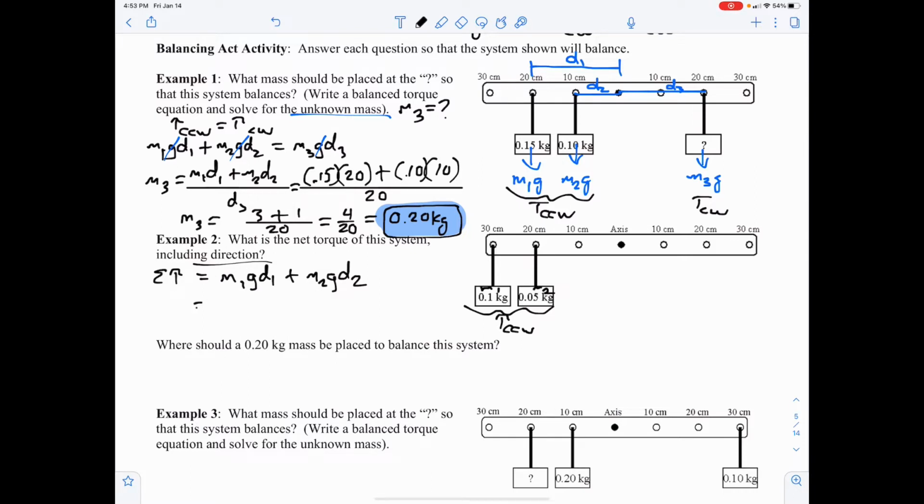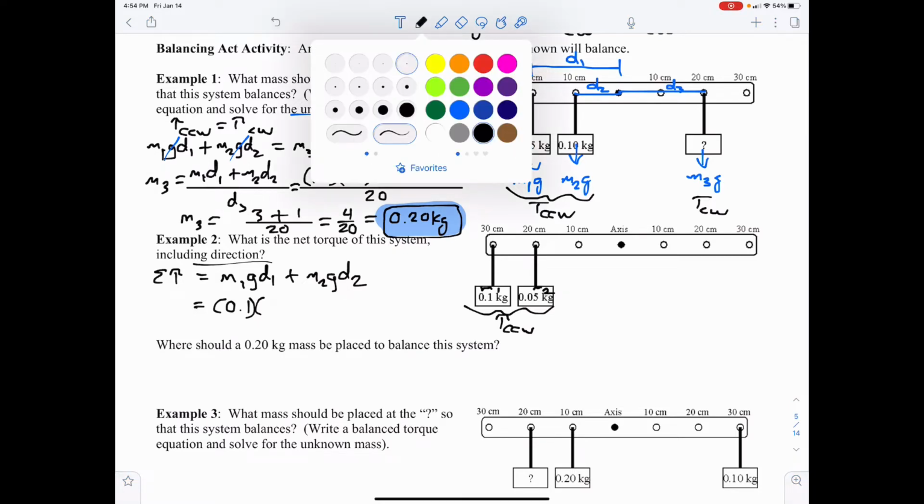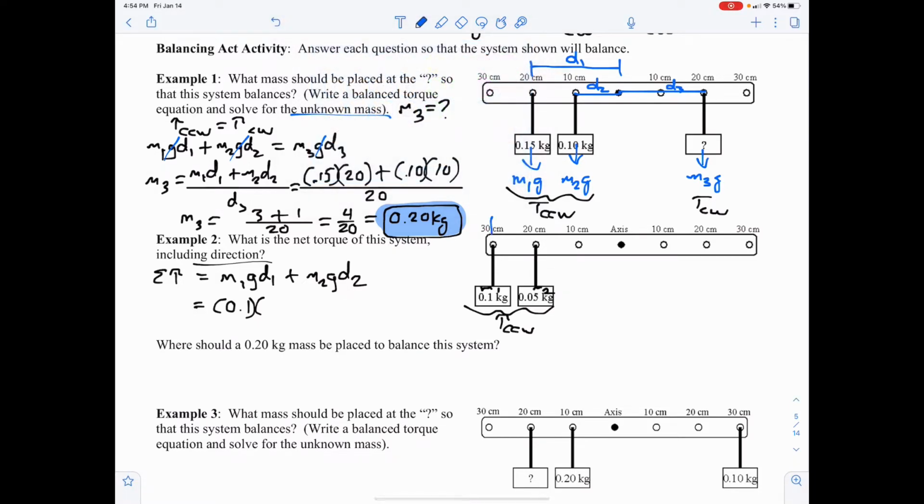Plug in. M1 is 0.1 times, let's focus on the distances here. So this would be D1 right there, and this would be D2 right there. Then the lever distance is always defined as the distance from the force applied to the axis of rotation.